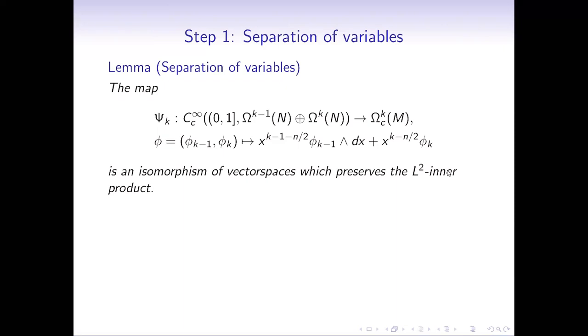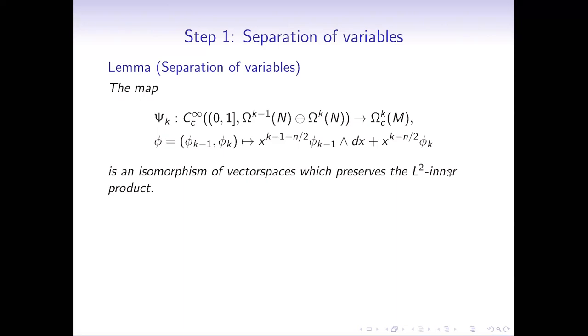So the brackets in the formula for psi k, is this C infinity of the interval 0, 1 into omega k minus 1 of N only, right? No, into both. Even to omega k, you have to have this interval mapped into that as well.